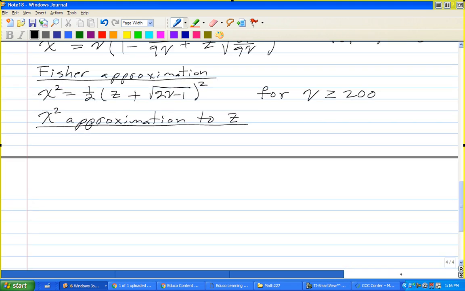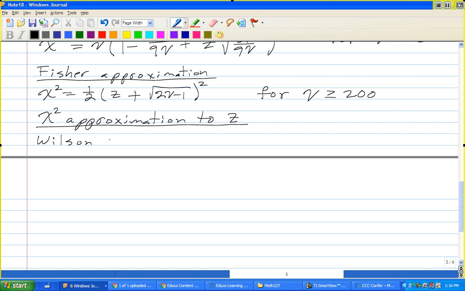So we have the Wilson-Hefferty approximation.